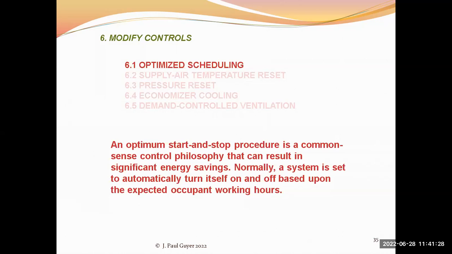So optimizing the scheduling is a common sense control philosophy that can result in significant energy savings, to turn the HVAC system on and off when it is optimal to do so.